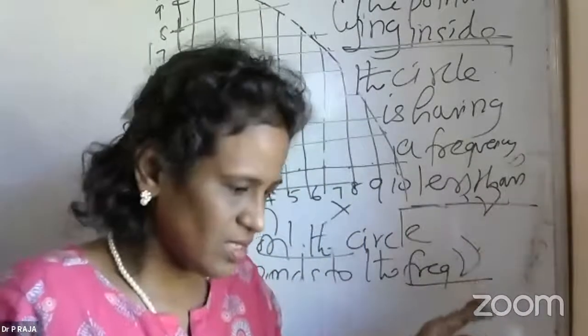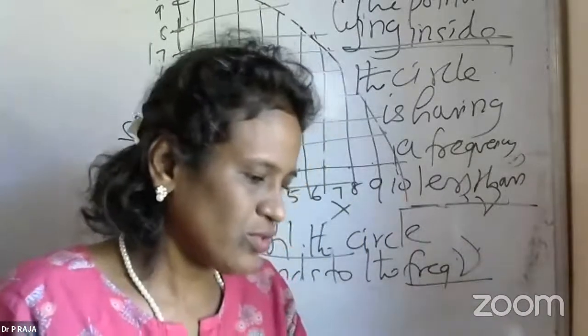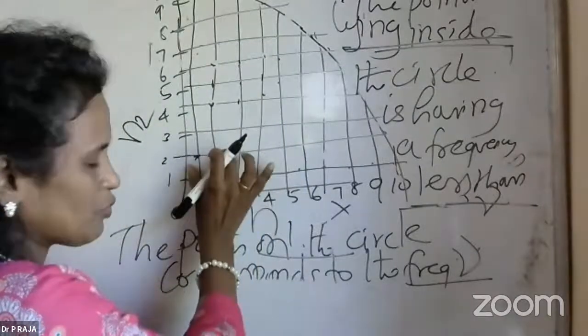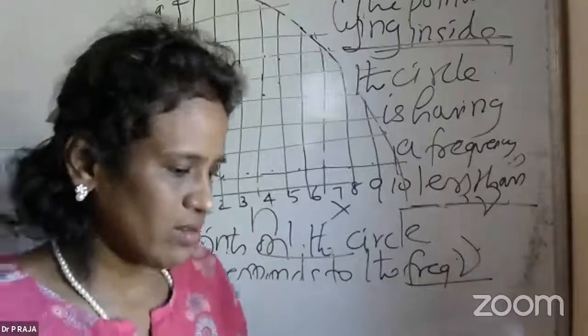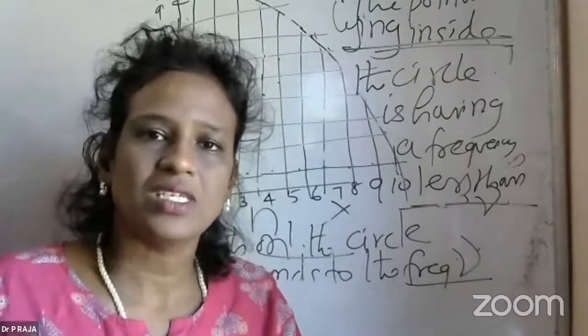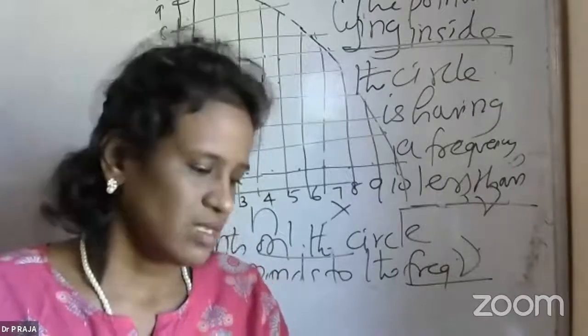Two concepts are coming here. Every point of intersection like this is associated with a square, and the area of each square is considered to be unity.